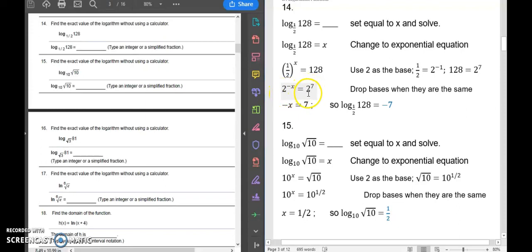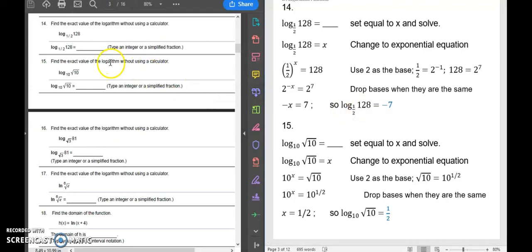We have the same bases, so we can drop them. So we'll have negative x equals positive 7. So if we divide both sides by -1, we get x equals -7. So that means our exponent that we're looking for is -7. So log base 1/2 of 128 is equal to -7.